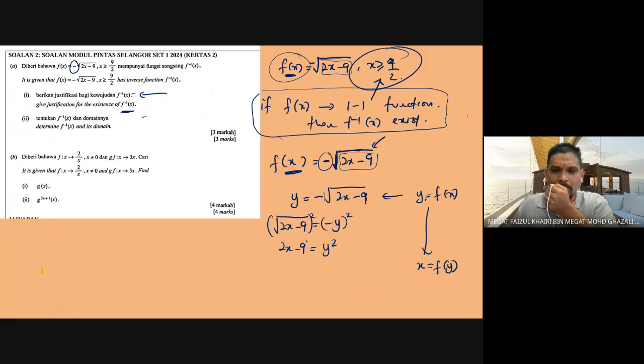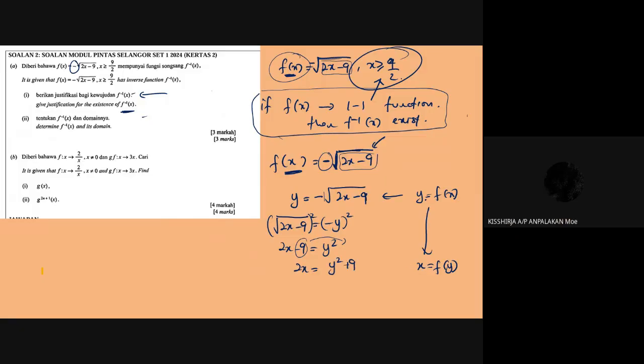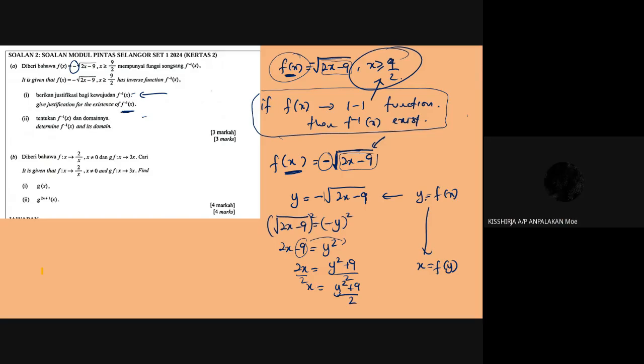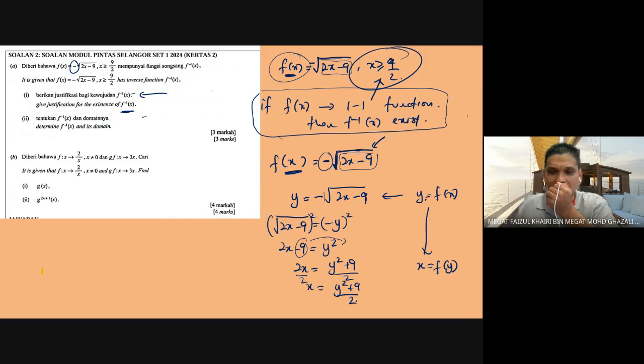Then bring the 9 to the other side: 2x equal to y squared plus 9. Then divide by 2 on the left and right. Then x equal to y squared plus 9, divided by 2.